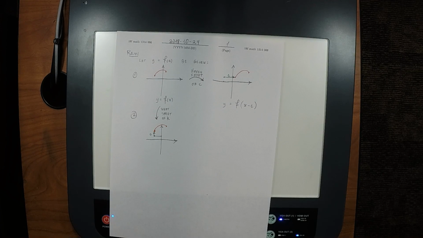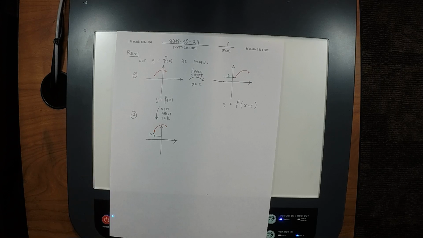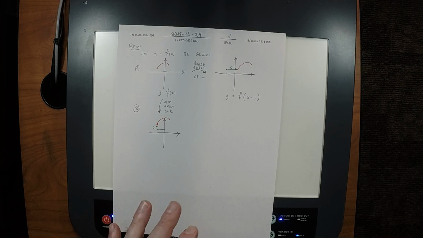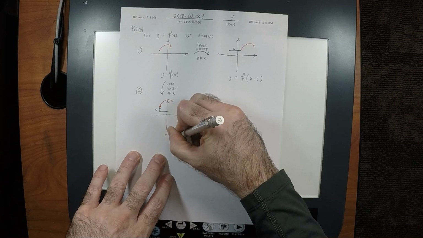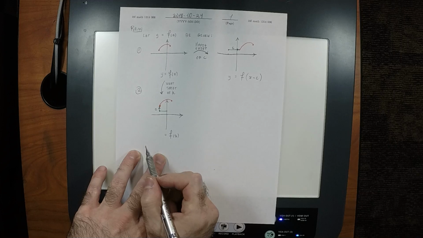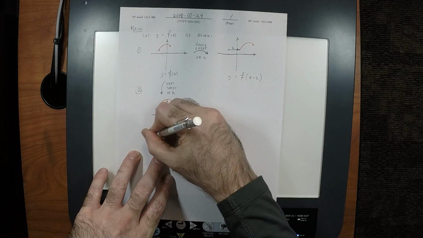Since this is a vertical motion, what variable did we play with? Must have been the y's. And because there's no horizontal motion, the x's must be unchanged. So the right-hand side is still going to be f of x. And what's the left-hand side? y minus c.